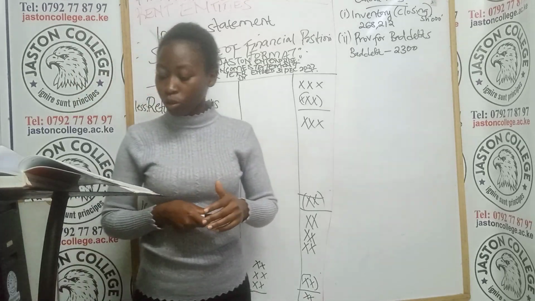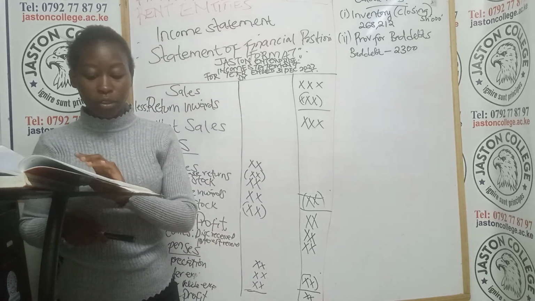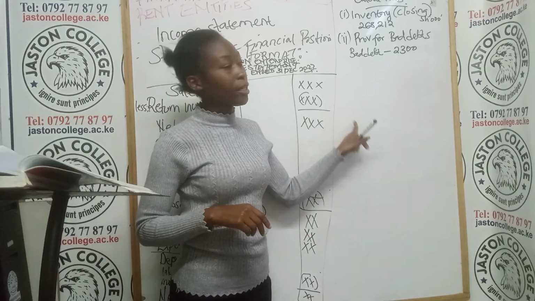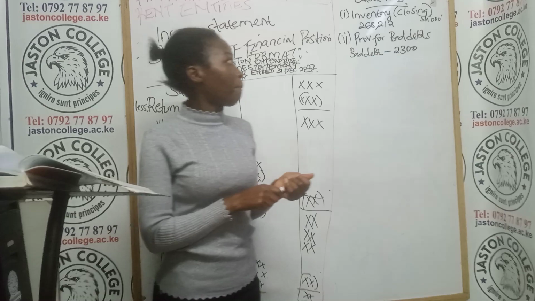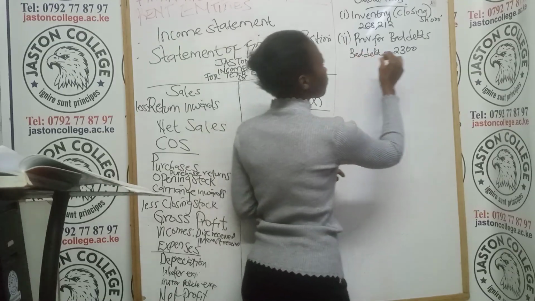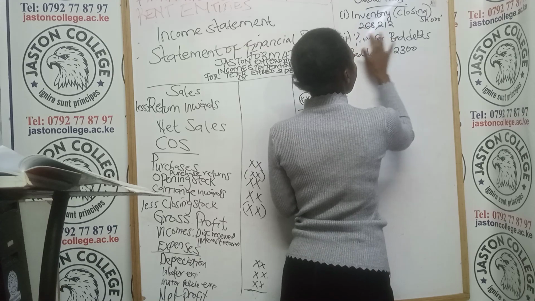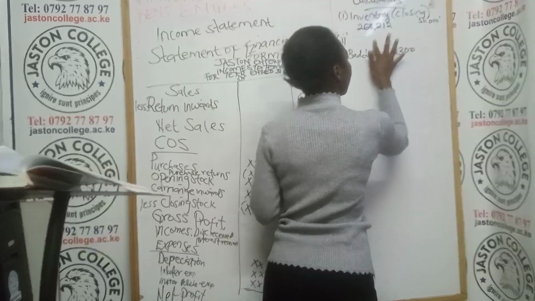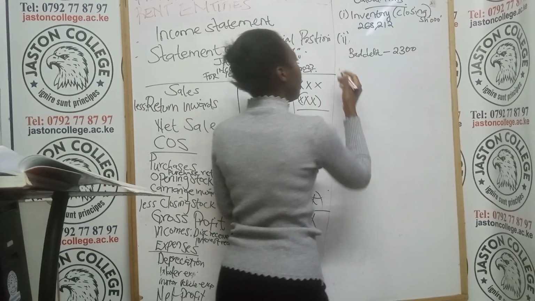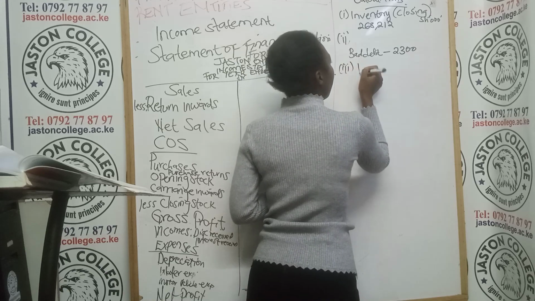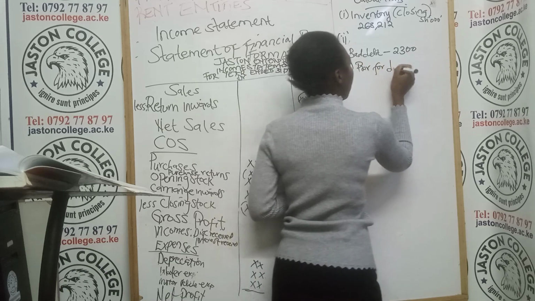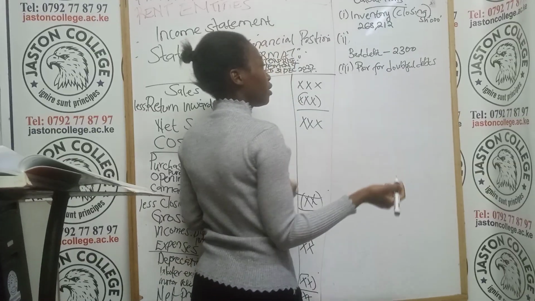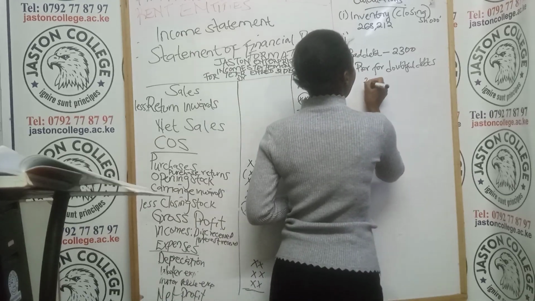Okay, let's head on to note 3. Note 3 says an allowance for doubtful debts of 2% is to be created. So we are going to create an allowance for bad debts. Our bad debt is here. Note 3, provision for doubtful debts we have at 2%.